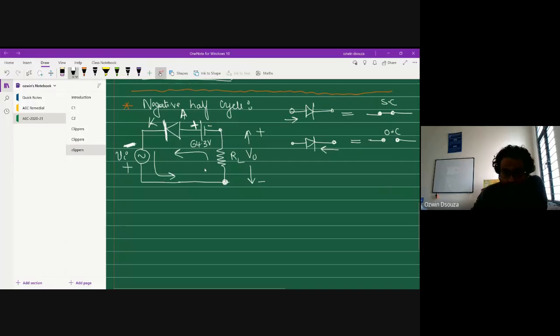So the current tries to flow in anti-clockwise direction and thereby forward biases the diode. So D gets forward biased. This is your D.